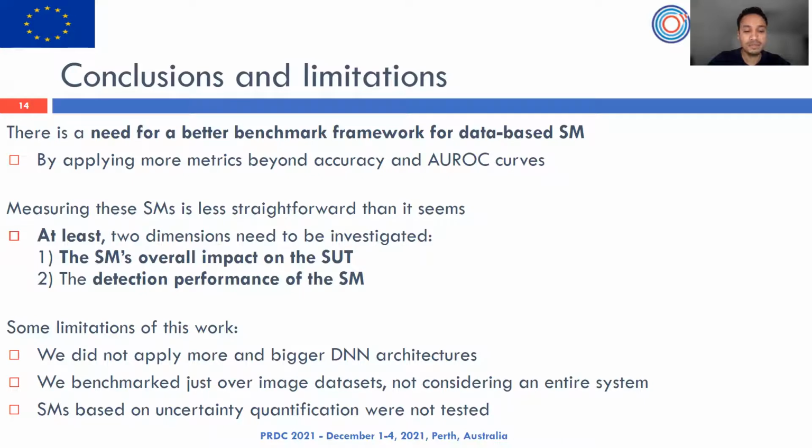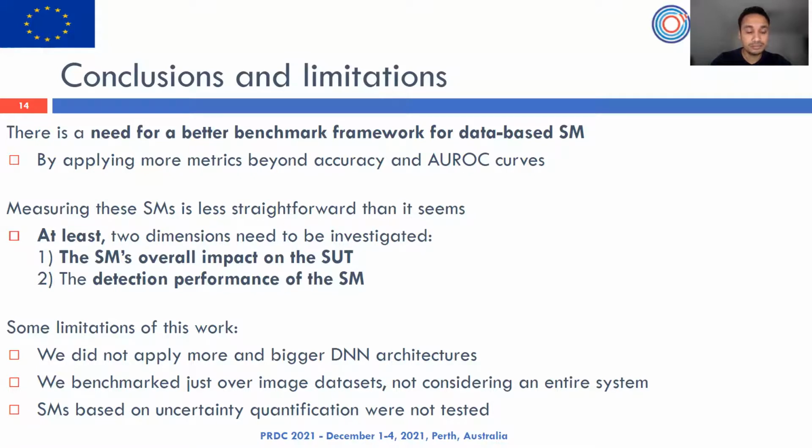And some limitations of this work: for example, we didn't apply bigger DNN architectures. We applied just convolutional neural networks with 128 neurons in the last hidden layer.